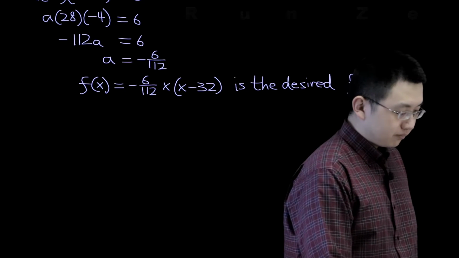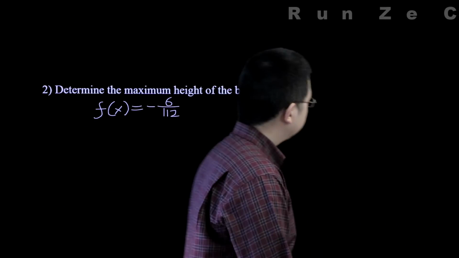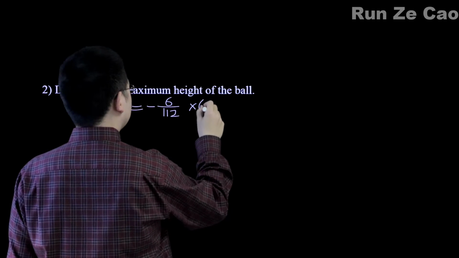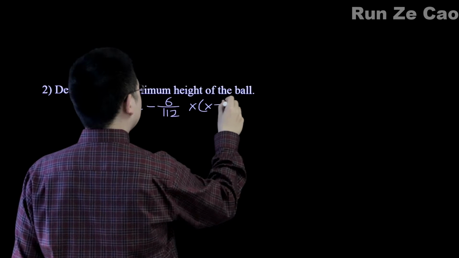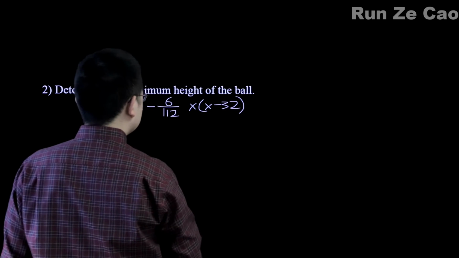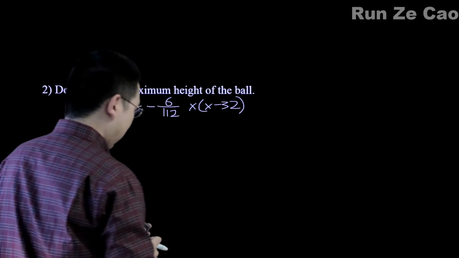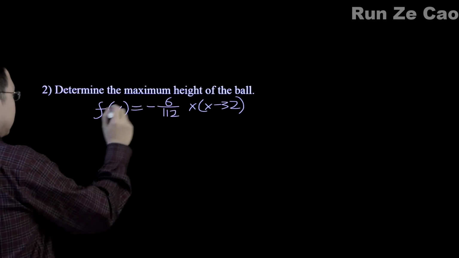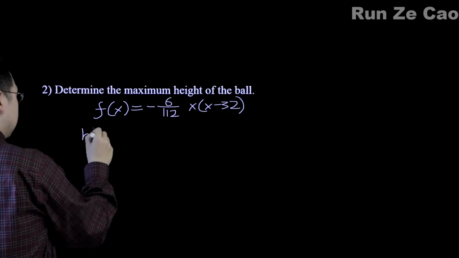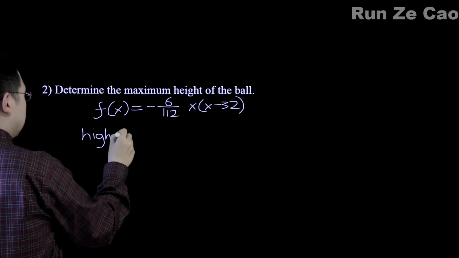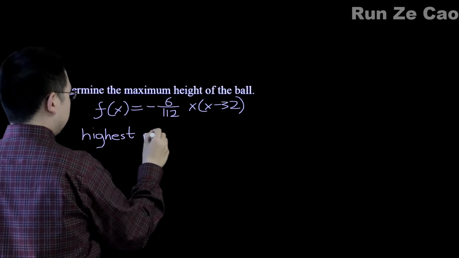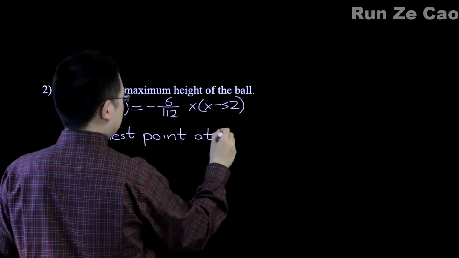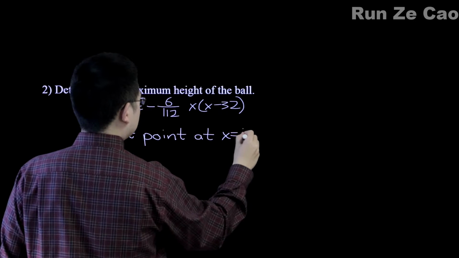But hey, it doesn't make a difference if your teacher doesn't have a problem with it. Why? Because we have calculators. So, highest point at x equals 16.